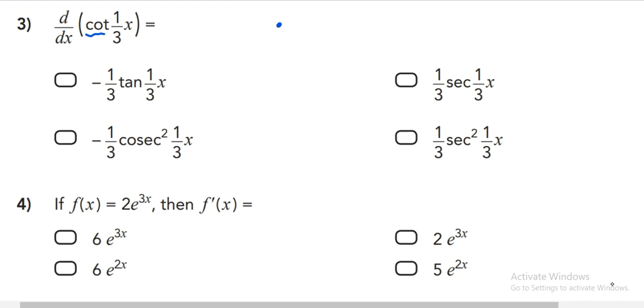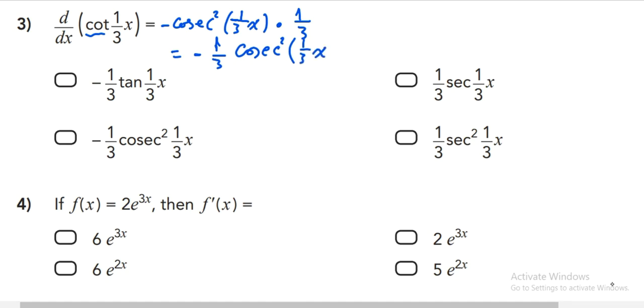Differentiation of cot is negative cosec square for this angle, multiplied by the differentiation of this angle, which equals 1 over 3. By modifying the form, it will be negative 1 over 3 multiplied by cosec square 1 over 3x. This is the choice, and this is the answer.